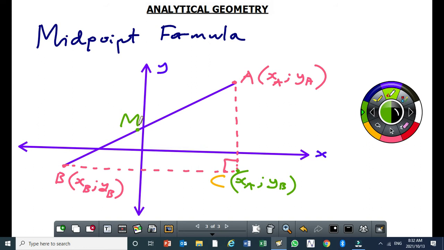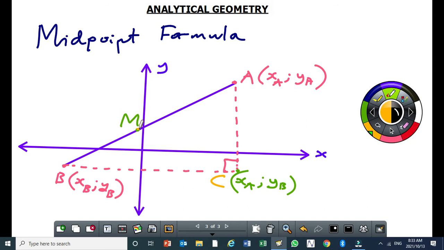But I want you to pay attention carefully because it can be a little bit tricky. Right, so at this point, we don't know the value of x. We don't know the value of y there, but we want to calculate it. Right?